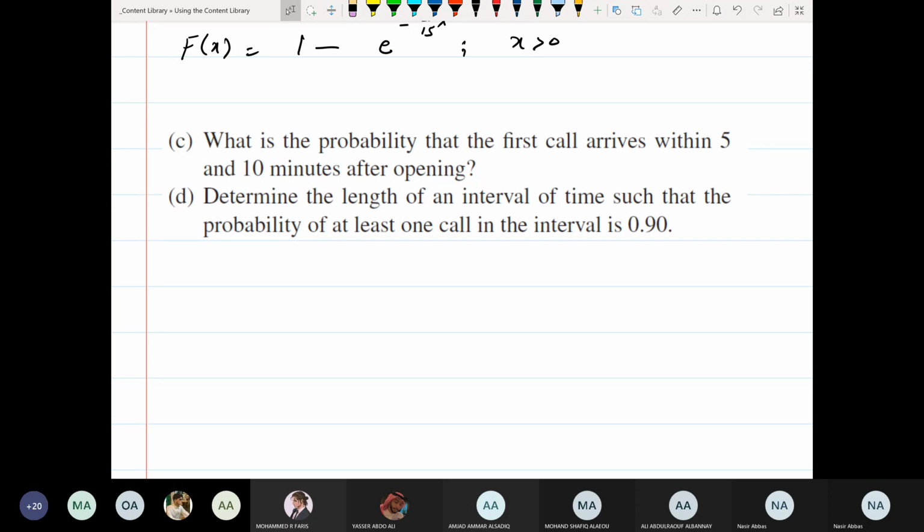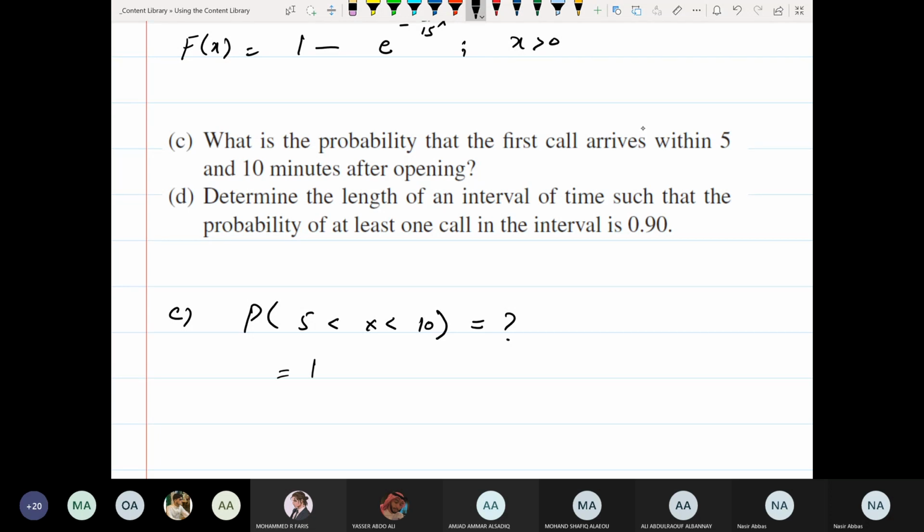Now the first thing you need to see is what is the variable that the question is asking you to find. The question is about the time. The question is about the time being between 5 and 10 minutes. So how do you find it?